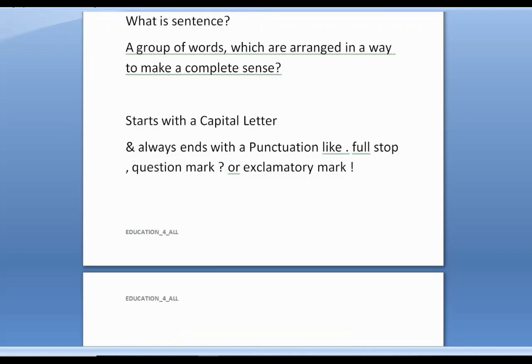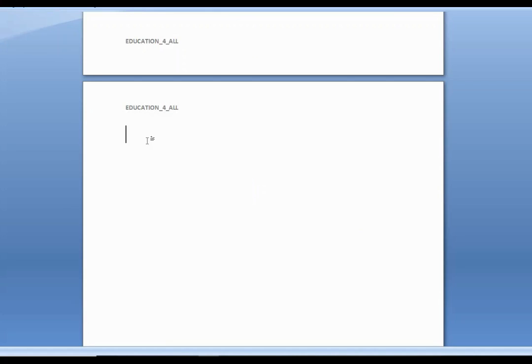So here we discussed what a sentence is and how a sentence starts. Let's take an example. Ram going to school. Can we say this is a correct sentence? The answer is no. Why?